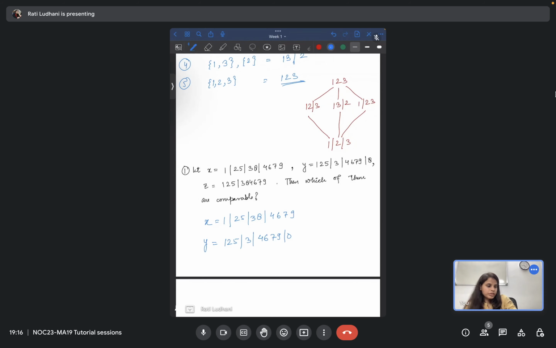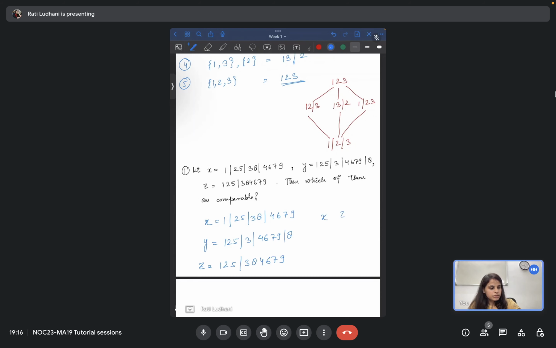So which of them are comparable? There is z also. So let's see first. Maybe I'll write 1 2 5 3 8 4 6 7 9. Can you tell me which are comparable with these? xz and yz.